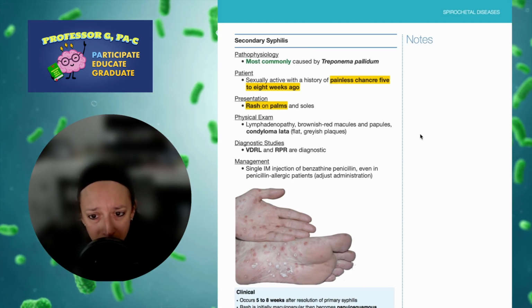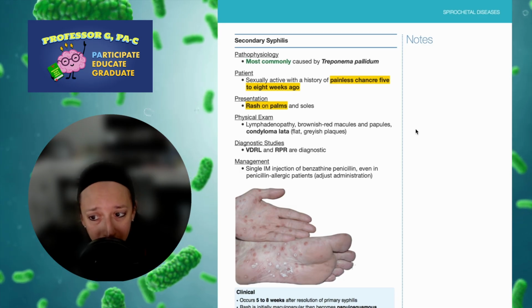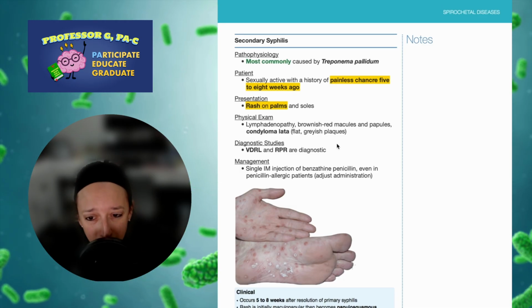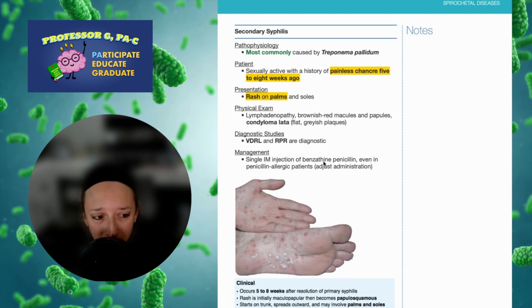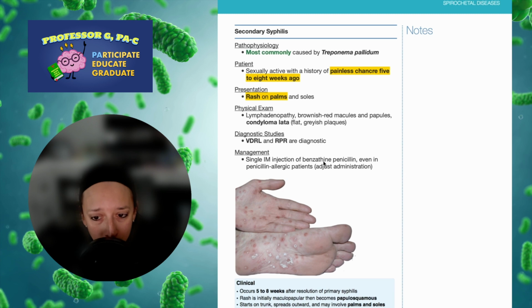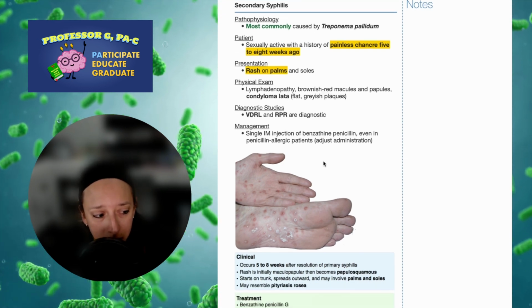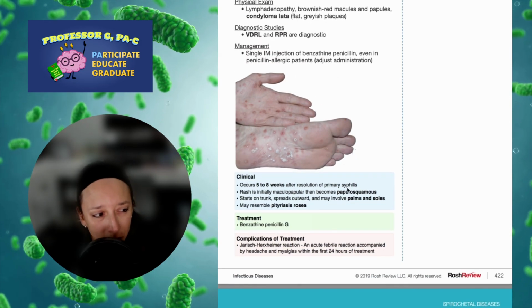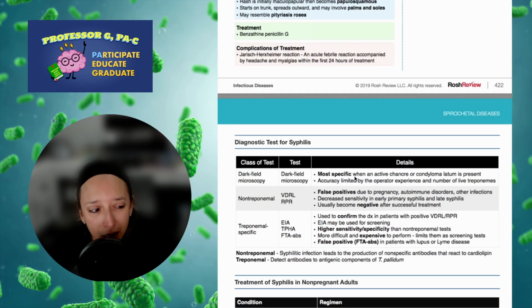The diagnosis is really made by VDRL or RPR screening and confirmed with the FTA-ABS. As far as treatment, it's the same as primary. We want to give the benzathine penicillin, and we want to give it IM times 1. Appropriate tip here, if you see a rash on the palms and the soles, you want to think secondary syphilis. And remember, this type of rash might resemble pityriasis rosea, so take a good sexual history.